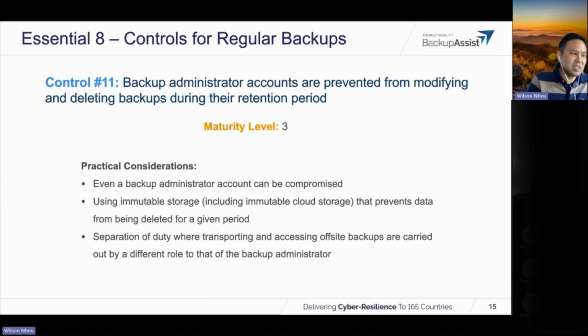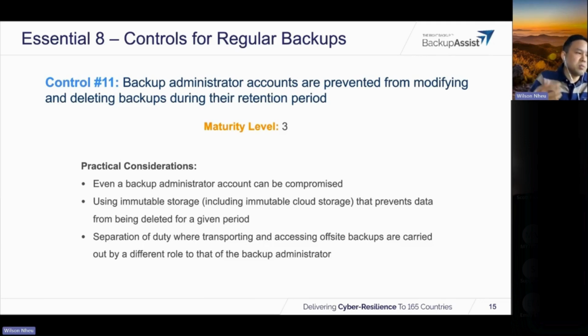Then the other example I've given of how to achieve this is by having separation of duty, and in particular, the people that are responsible for transporting and accessing backups that have been taken off-site should be different people, in different roles to that of the backup administrator.